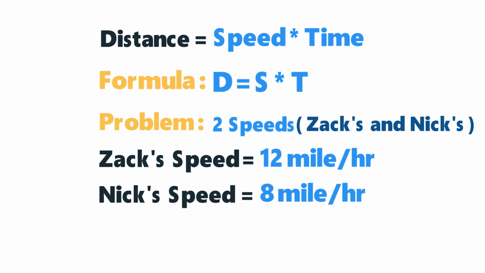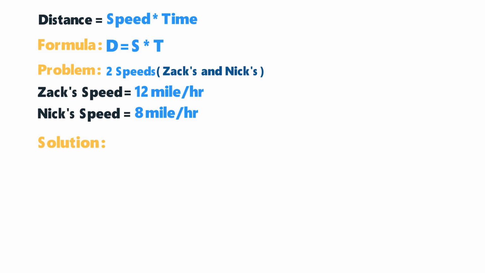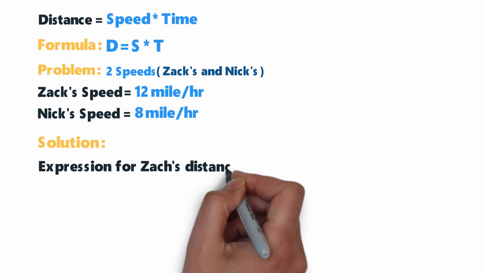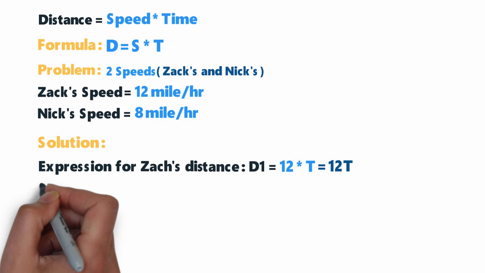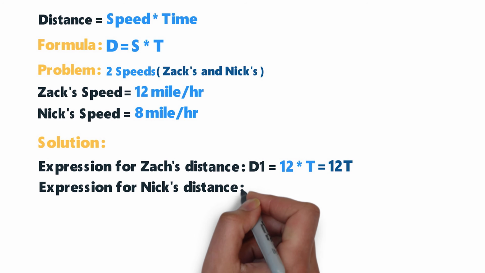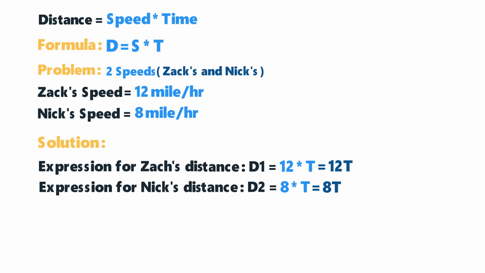It is still solvable, but it means that we would need to build 2 expressions instead of 1. So the expression for Zach's distance is d1, which is Zach's distance, equals 12 multiplied by t, equals 12t. An expression for Nick's distance would be d2 equals 8 multiplied by t, which would be equal to 8t.